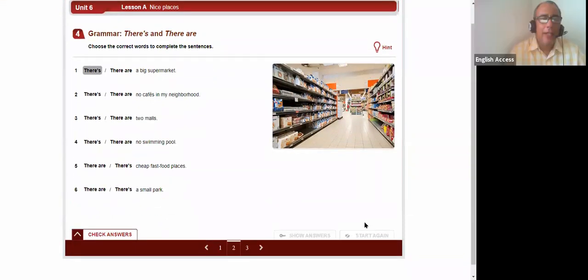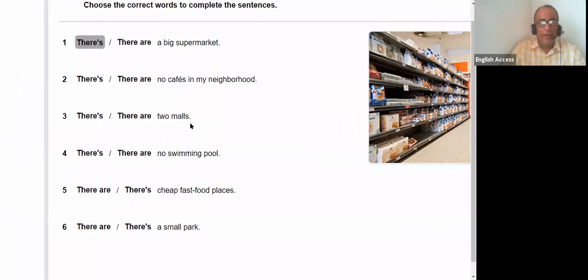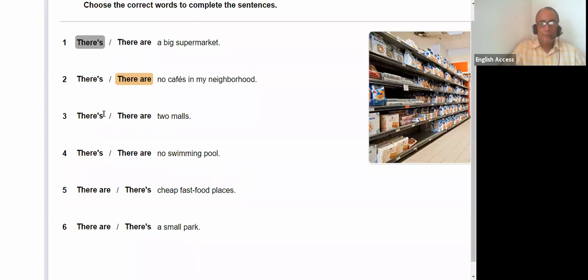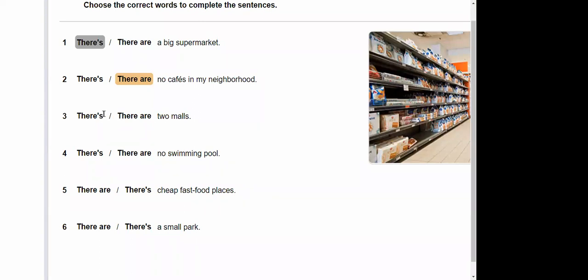Now, please help me. What is the correct one? Here, number one is done. There's a big supermarket. Number two, what is the correct expression? There is, or there's, or there are? There are. Number three, Francisco? There are two malls.